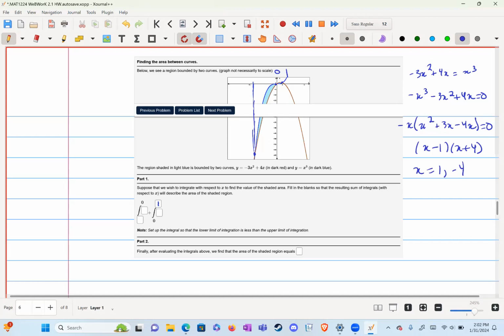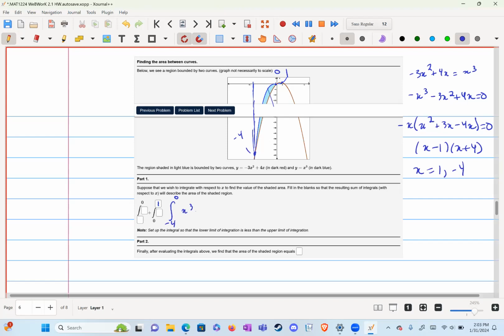So we know for sure this is at x equals -4. So now we can write down our integral here, which is from -4 to 0. And let's see, it's dark red because top minus bottom.